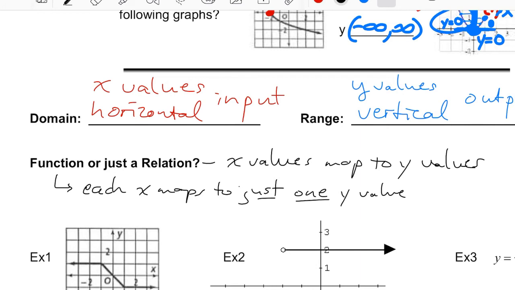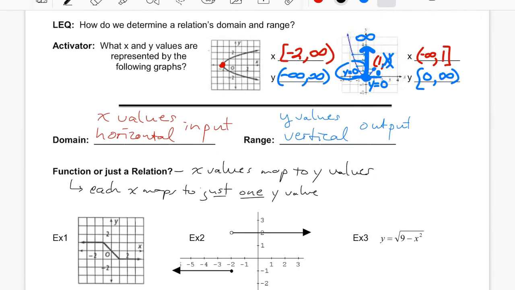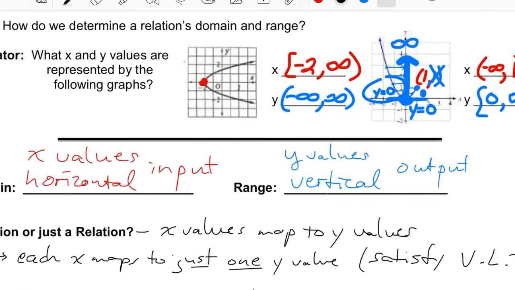And when each x maps to just one y value, we have a function that also satisfies the vertical line test, which we often abbreviate VLT. But again, if it's a function, it's going to satisfy the vertical line test. This is honestly a separate conversation, but it's often thrown in with domain and range.